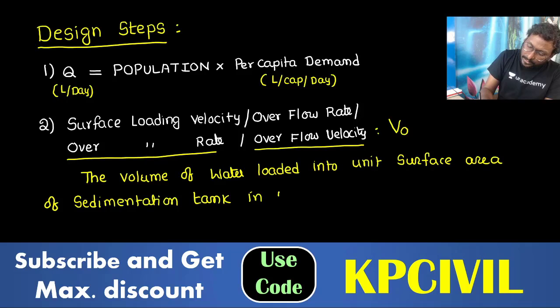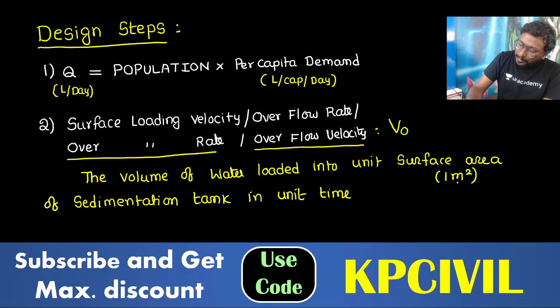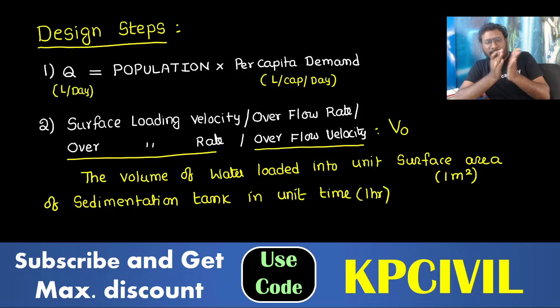That means volume of water flown through 1 square meter area in 1 hour. Unit time you may take as 1 hour, 1 day, 1 minute, 1 second, that is up to you.